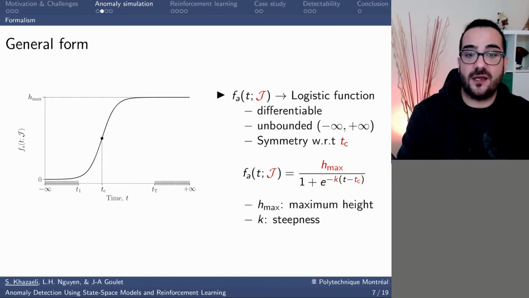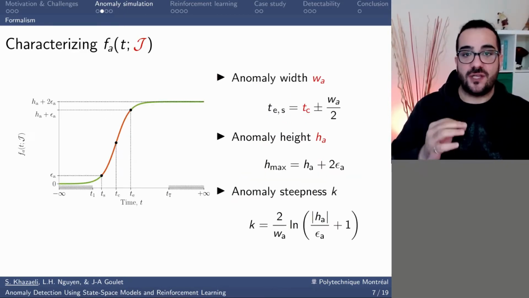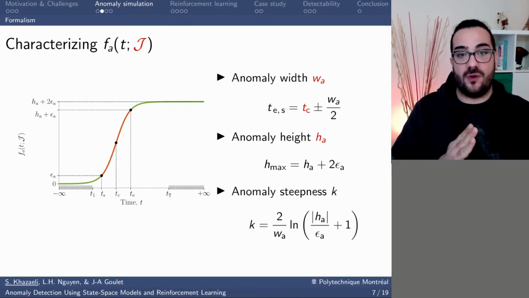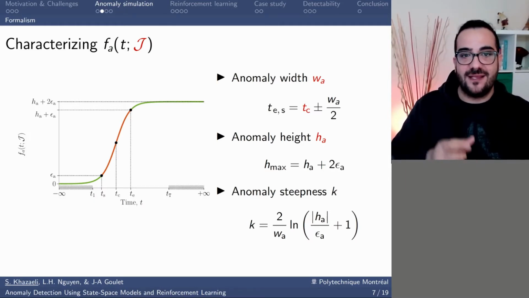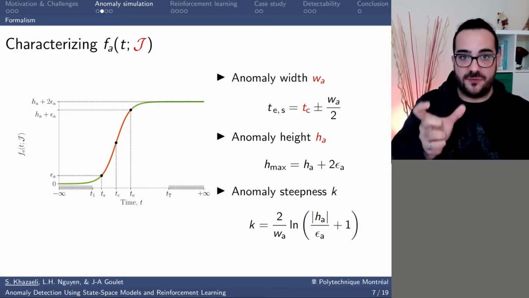Now, let's define the stochastic characteristics of the function such that they have engineering meanings. From the figure, you can identify the start and end of the anomaly for a given anomaly width A. So basically, we can write the anomaly width in terms of the beginning and the end of the anomaly. In fact, WA represents the non-stationary regimes, and the function is colored in the red lines during this period.